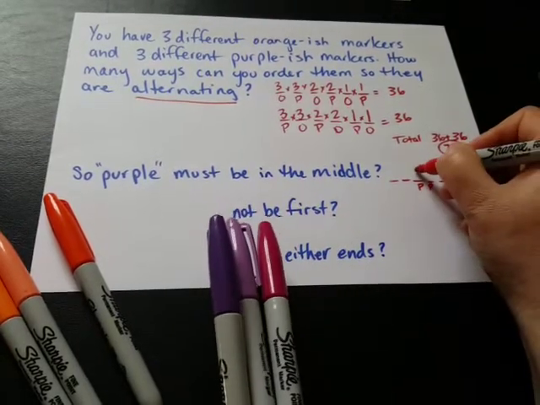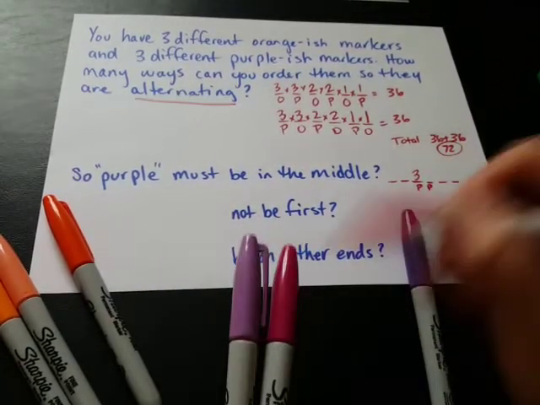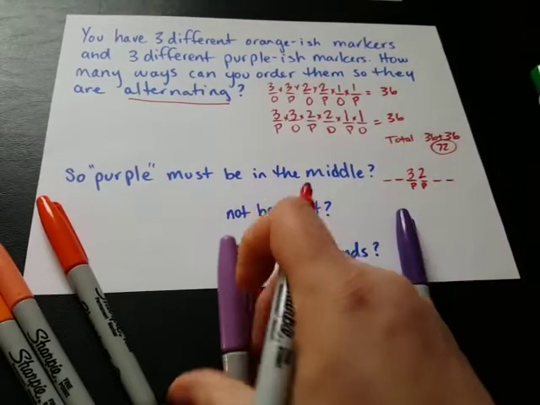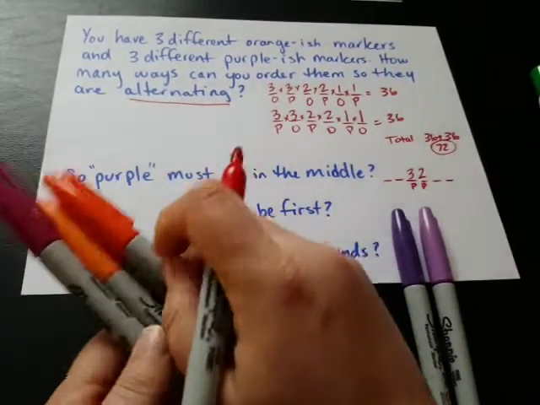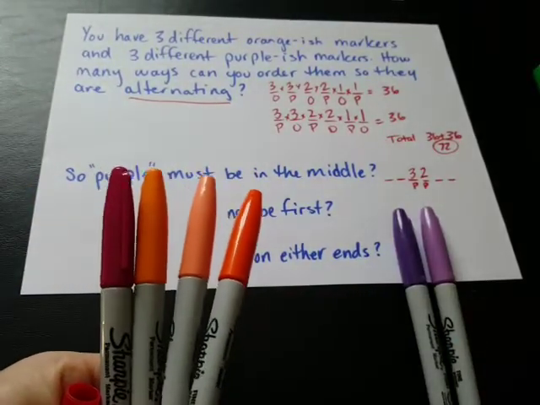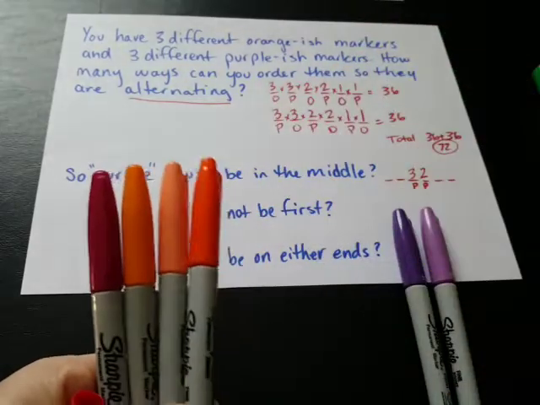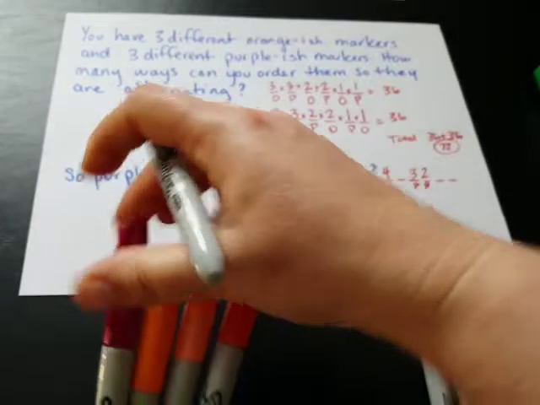Right now I've got 3 markers to pick from for the first purple, and 2 markers to pick from for the second. Now when I fill in, going from left to right, I have 4 remaining: there's 1 purple and the 3 oranges. So any of these 4 could be on the very outside end.